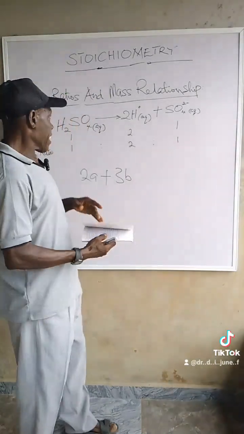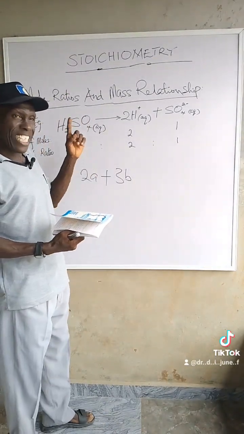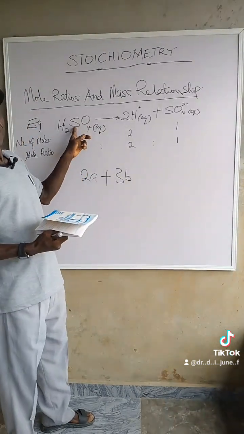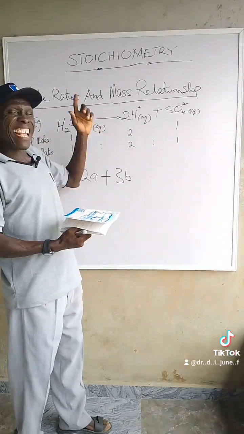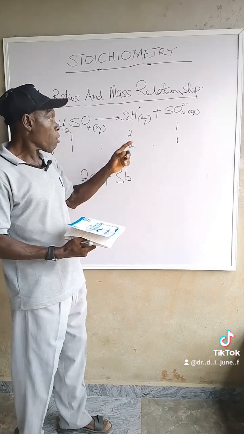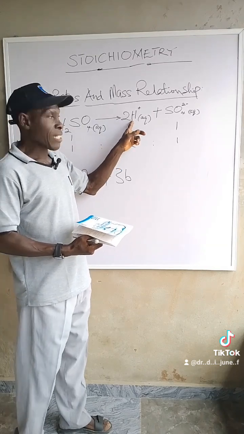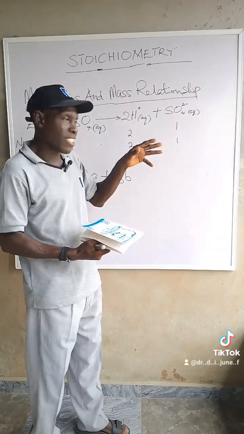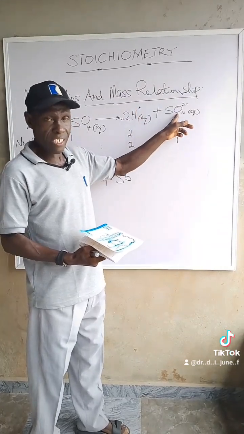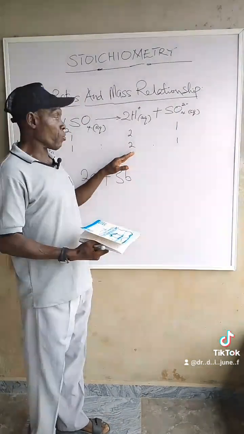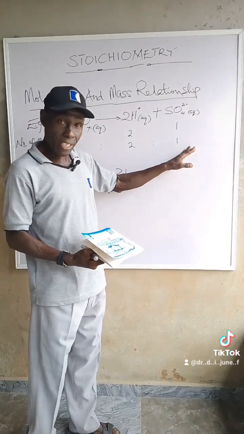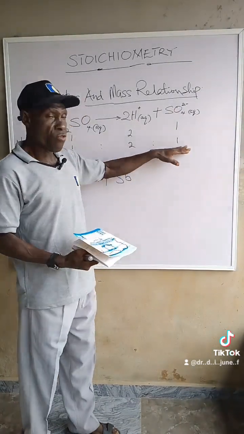That means that there is a definite quantity of this substance in solution that produces a specific quantity of hydrogen ion and also a definite quantity of sulfate(VI) anion. So the ratio is 1 is to 2, then what? To 1. What we call the mole ratio.